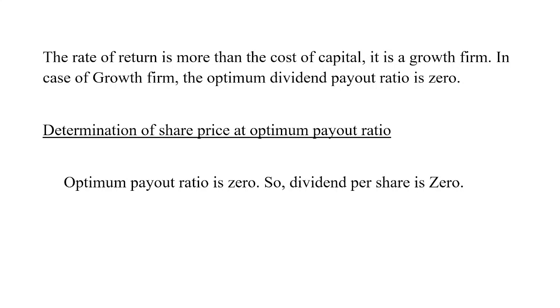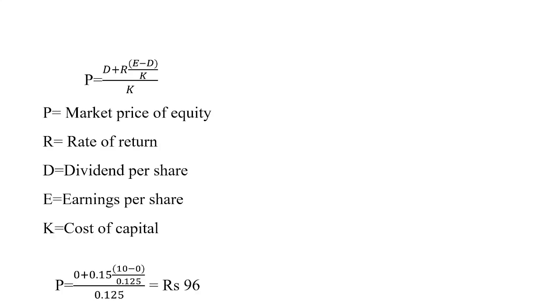Now, at the optimum dividend payout ratio, that is at 0% dividend payout ratio, we have to find out the share price. So, the determination of share price at the optimum payout ratio. The dividend per share at the optimum payout ratio is 0. So, we can find out the price of the share.